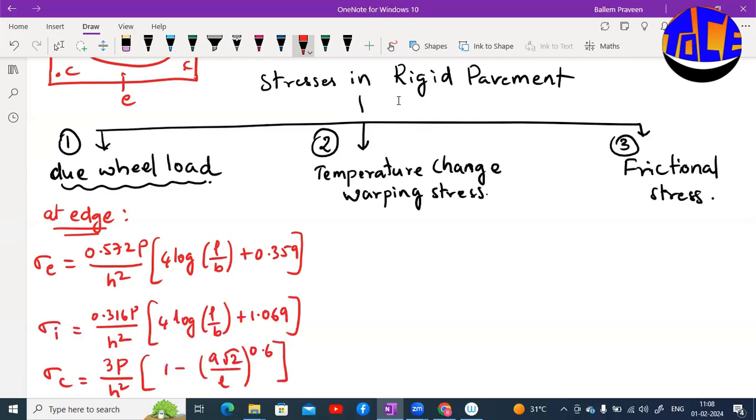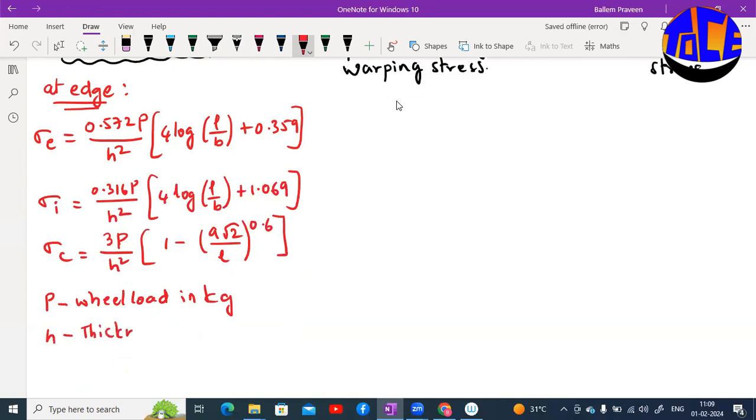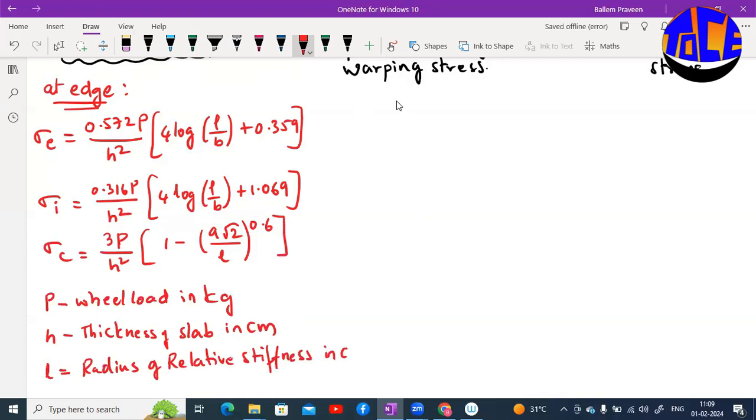Here P is the wheel load in kgs, and H is the thickness of slab in centimeters. And what else? L. Here L is the radius of relative stiffness, which is also in centimeters.